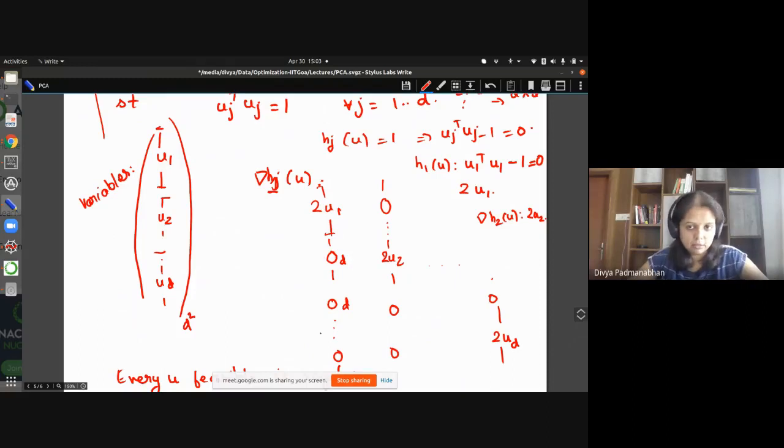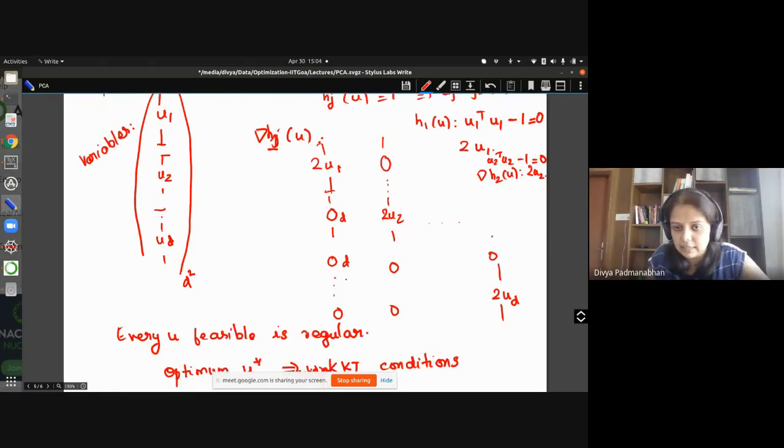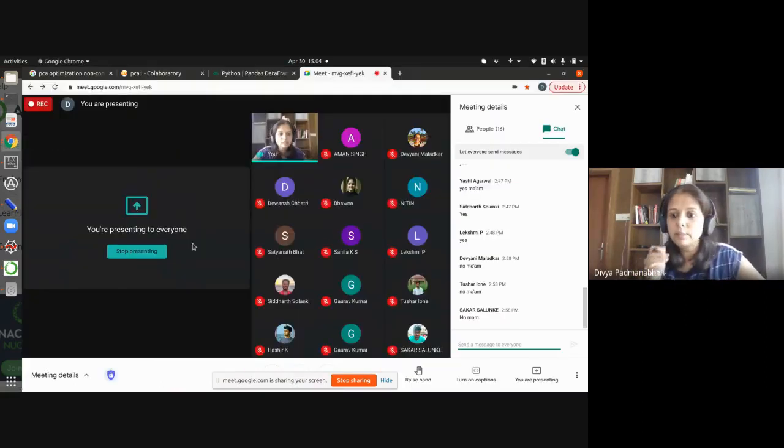Similarly, for the second constraint, u2 transpose u2 minus 1 is 0, it's 0, 2u2, 0, and so on. The vectors I need to check for linear independence are this collection: 2u1, 0, 0, 0; 0, 2u2, 0, and so on. Is this clear?